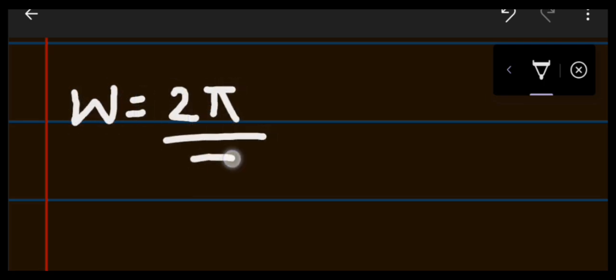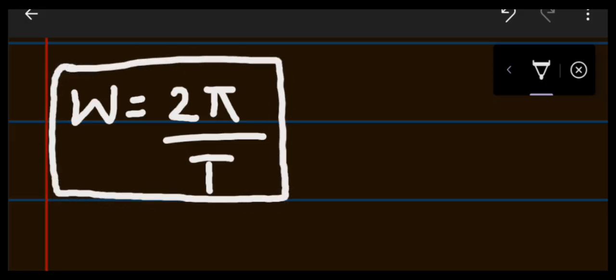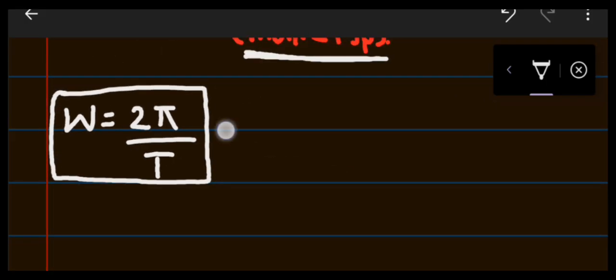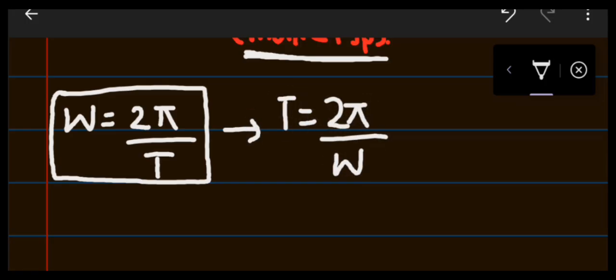Now, what is omega? Omega is 2 pi upon T. The formula of omega is 2 pi upon T. From this formula, you can adjust everything. If you want to find T, then T will be 2 pi upon omega.